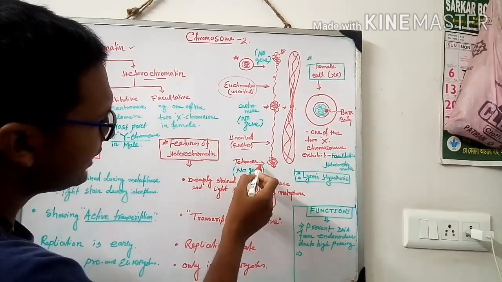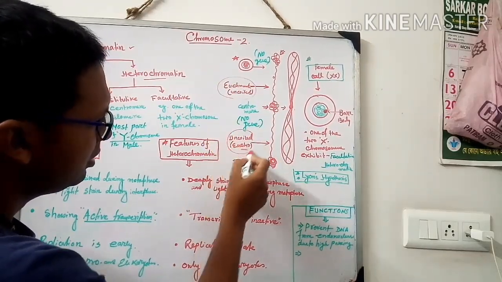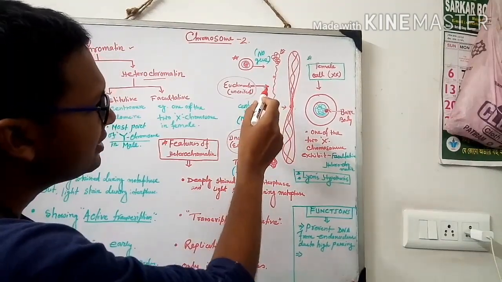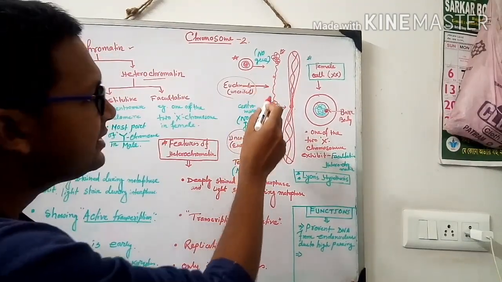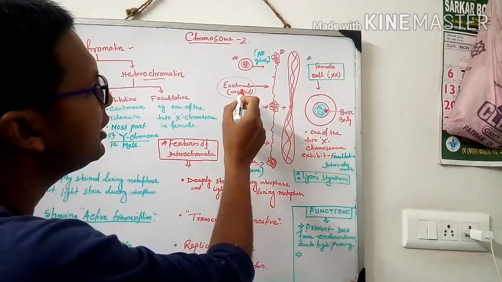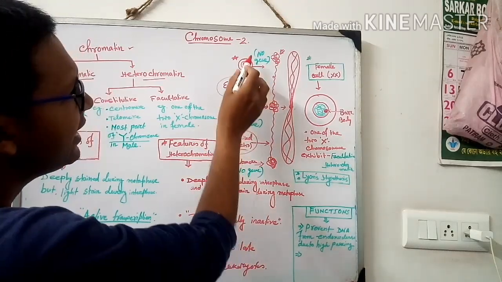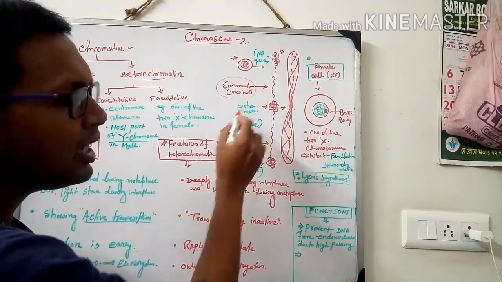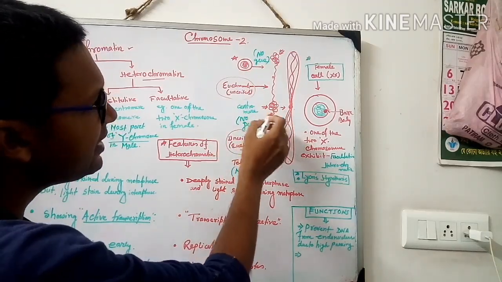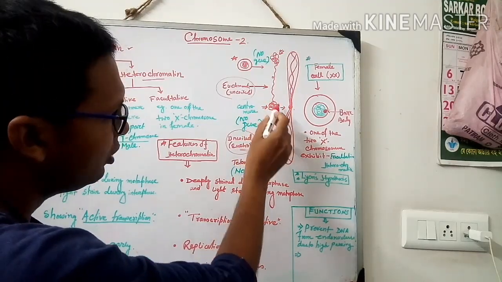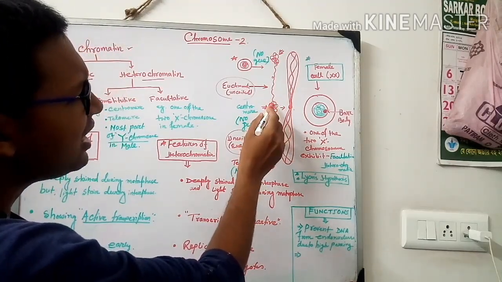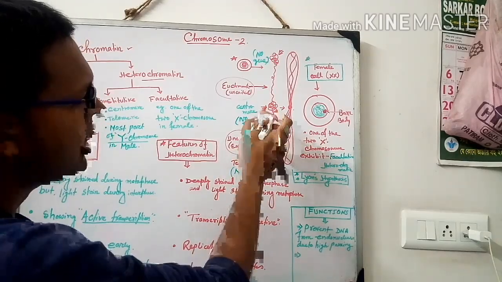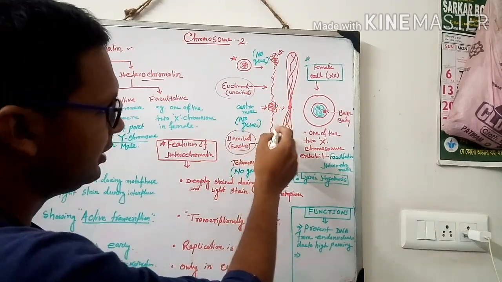Euchromatin regions actively participate in protein synthesis and have a high gene concentration, that is, genes are present in high number in euchromatic regions. In heterochromatic regions genes are not present, they remain in a coiled and condensed state, and they do not take part in protein synthesis or active gene activity.